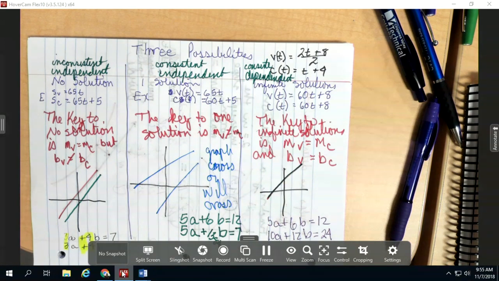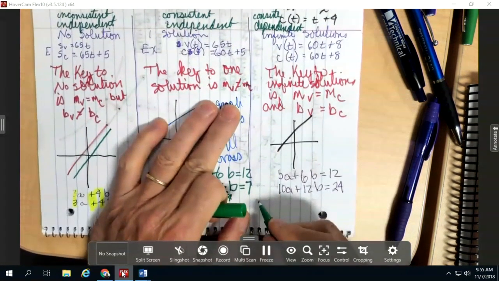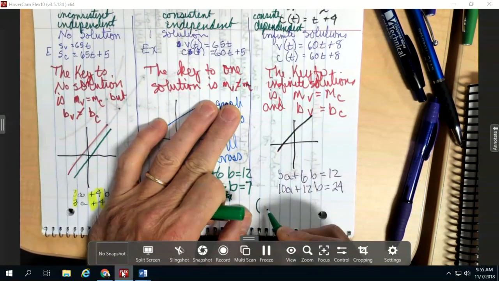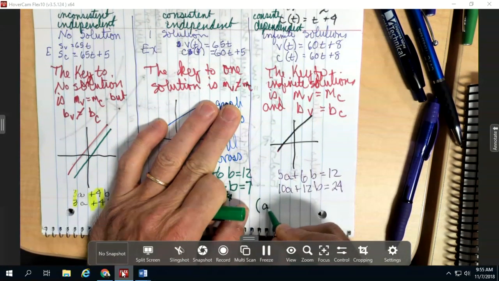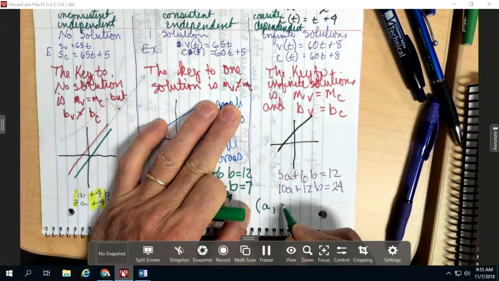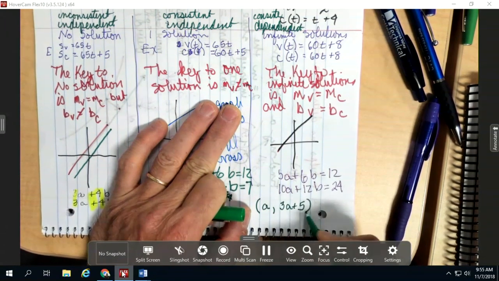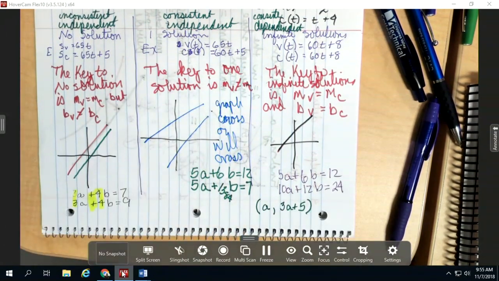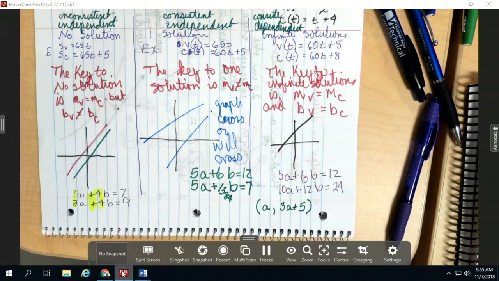Dependent means when you write the solution, you might sometimes have to say the equations are A and 3A plus 5, something like that. You can't get a solution as an ordered pair. You have to say it as an equation. All right, we'll take our break. When we come back, we'll be doing C.